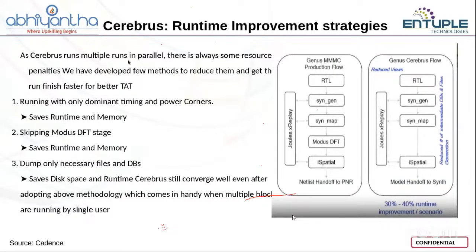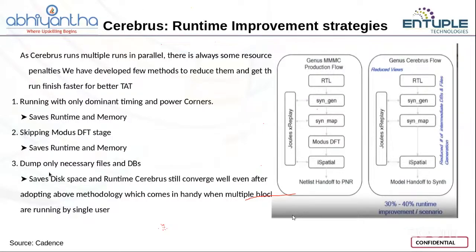You can also see that Cerebrus runs multiple parallel concurrent runs, running with only dominant timing and power corners mainly to save runtime and memory. Then it skips the modest DFT stage. Right now we are developing ICs including the DFT stage, but in this new model we are removing DFT, since DFT is again a big process to test your netlist.